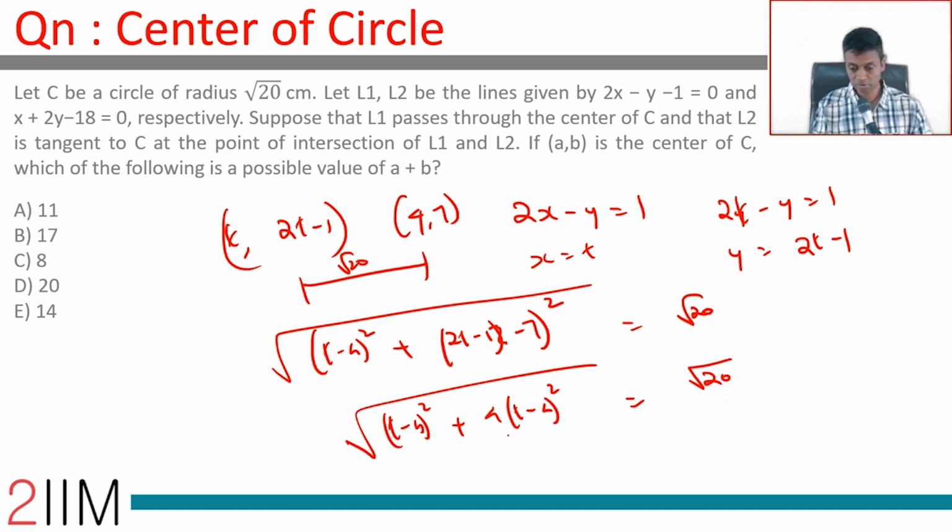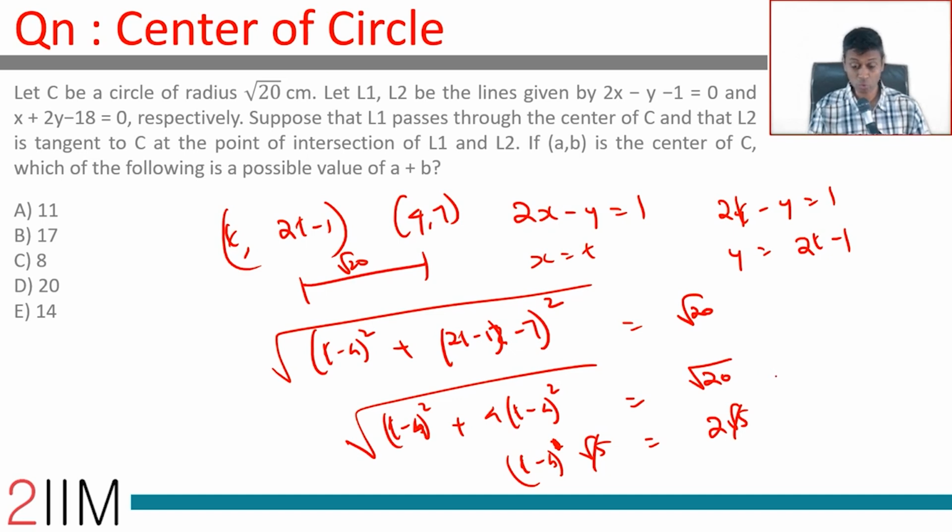Or this is modulus of t minus 4 times root 5, and this is 2 root 5. So modulus of t minus 4 times root 5 is 2 root 5.